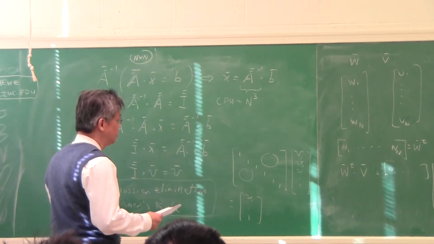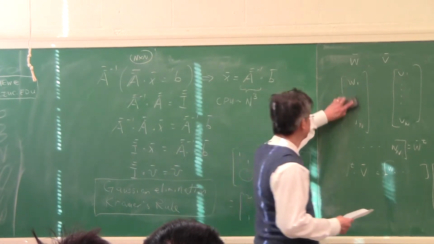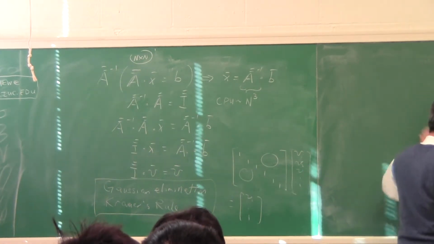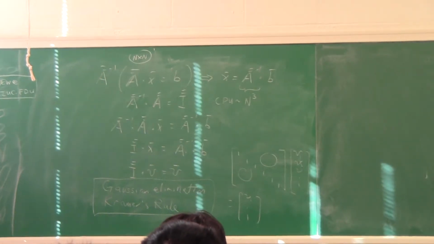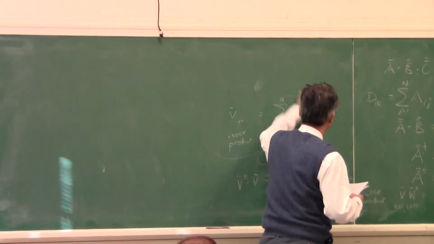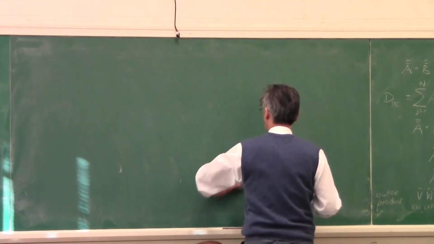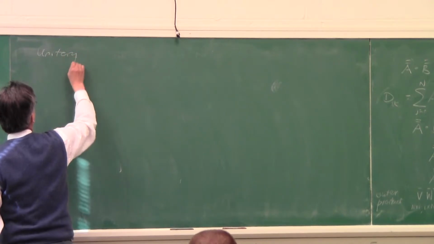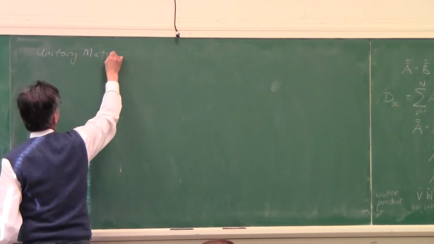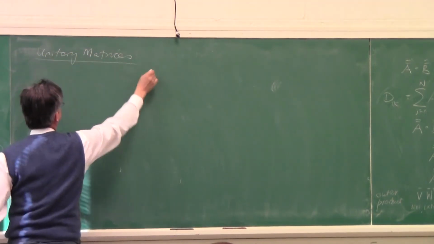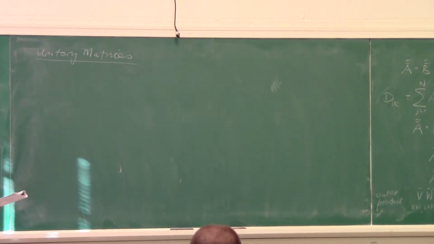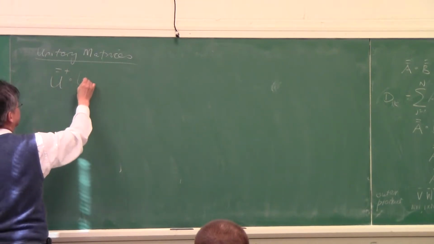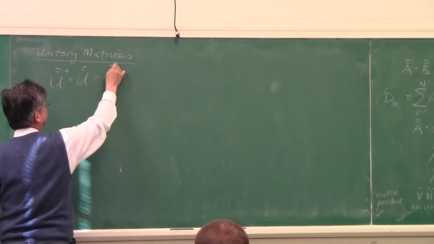Another thing that comes up quite useful in quantum mechanics is unitary matrices. Unitary matrices are a special kind of matrix having this property that its conjugate transpose times itself gives you the identity matrix.